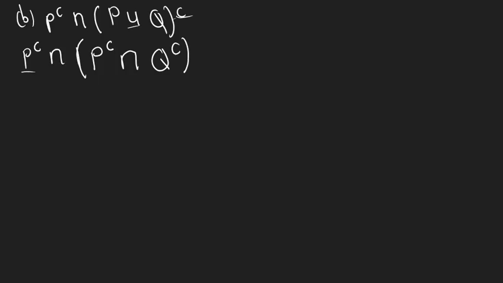Let's factorize. P and P is common. P complement, intersection and intersection is common. What is going to remain inside? Let me see what we are having here.